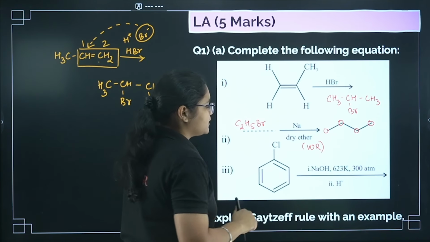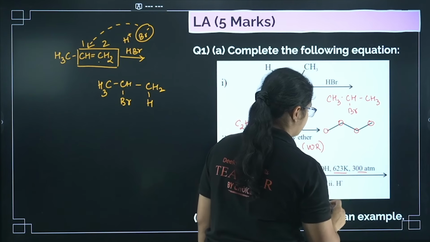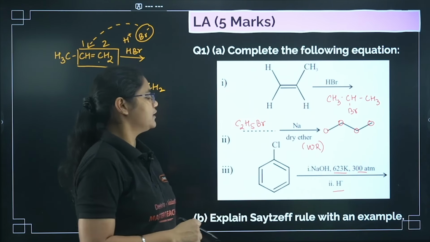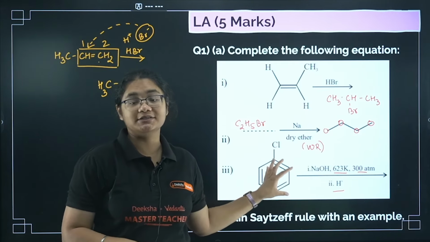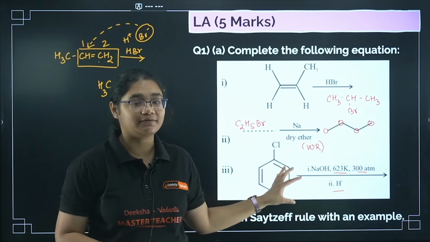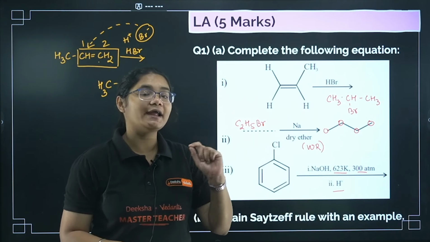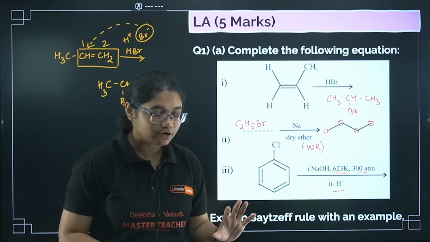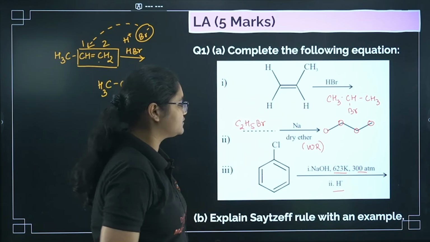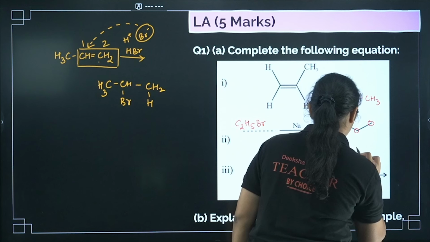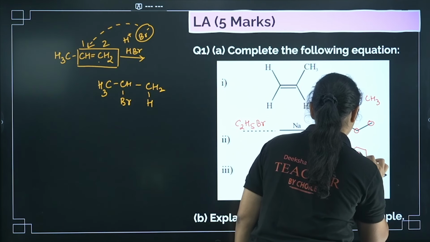Next question is NaOH at 623 K and 300 atm, and H plus. Nucleophilic substitution in haloarenes is very difficult, but at very high temperature and pressure we can do it, and this OH will replace this chlorine and you will have a compound like this.